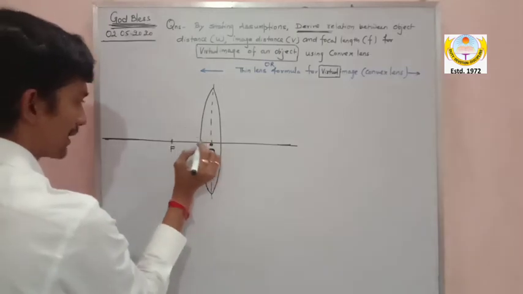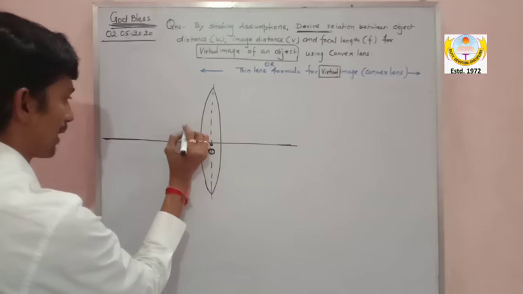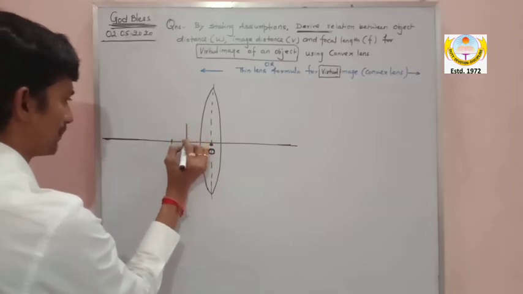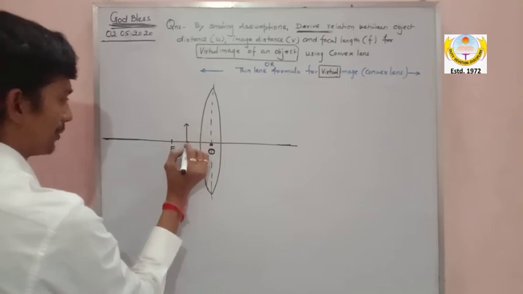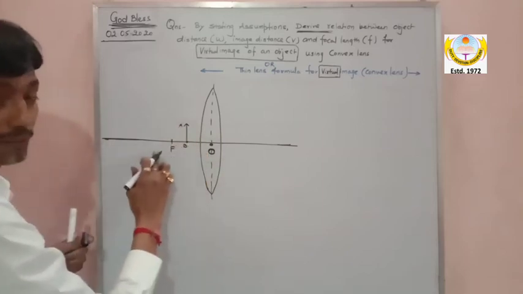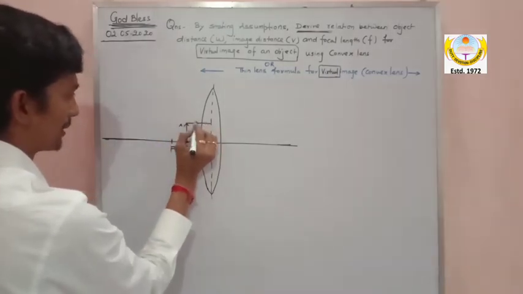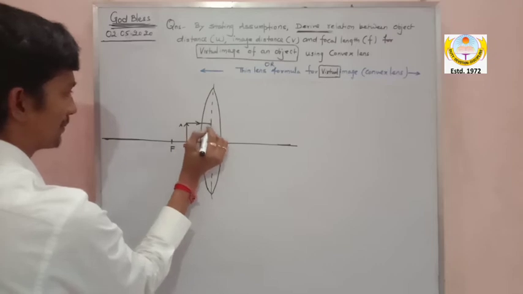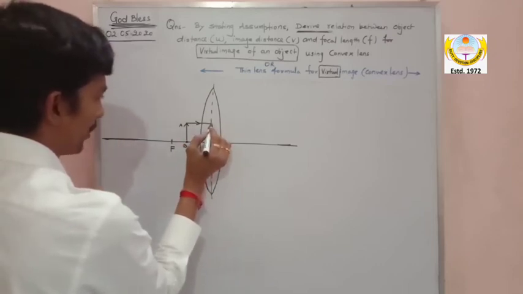And the object, as I said, should be between focus and optical center. So suppose I have drawn the object here. Name of the object is no doubt AB, but it is placed between focus and optical center. So the ray will pass parallel to the principal axis, like this. And my dear, it will converge at this point, you all can see.